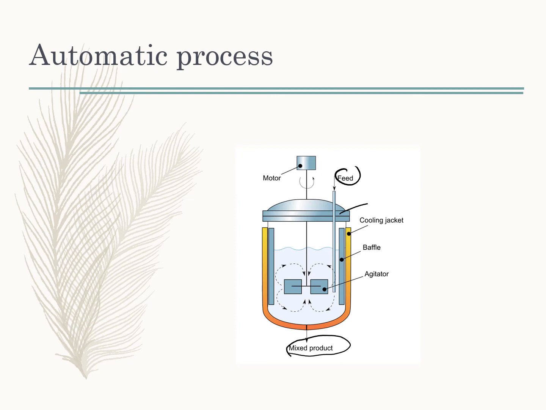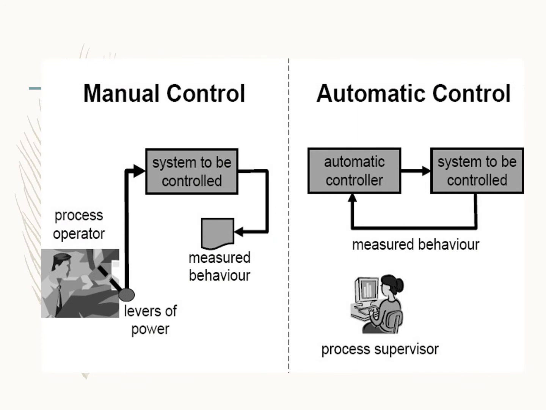So now we show the difference between manual control and automatic control. From this figure, I think you can directly understand, right? Basically, for manual control, we have the system to be controlled here, and then we have a device to measure the behavior of this system, and the process operator will monitor the measured value.